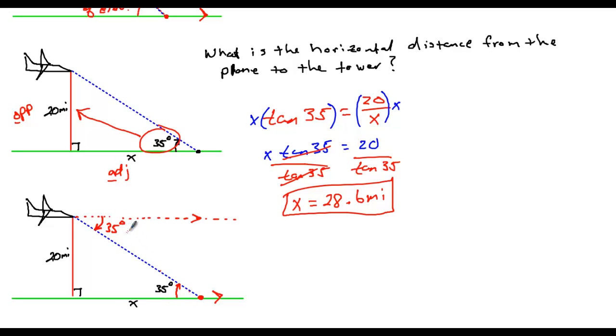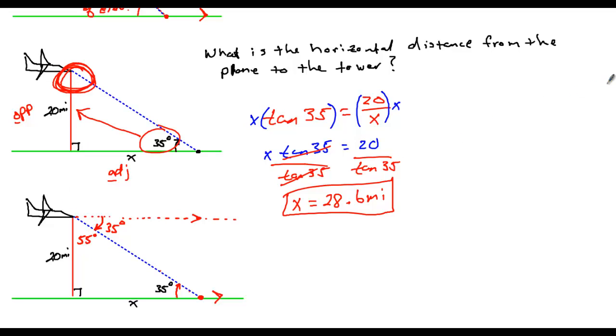It's also 35 degrees. So what does that make this angle right here? Well, 55, because 55 plus 35 is 90. Either way, it's not very hard to figure out that this angle right here in this problem is 55 degrees.